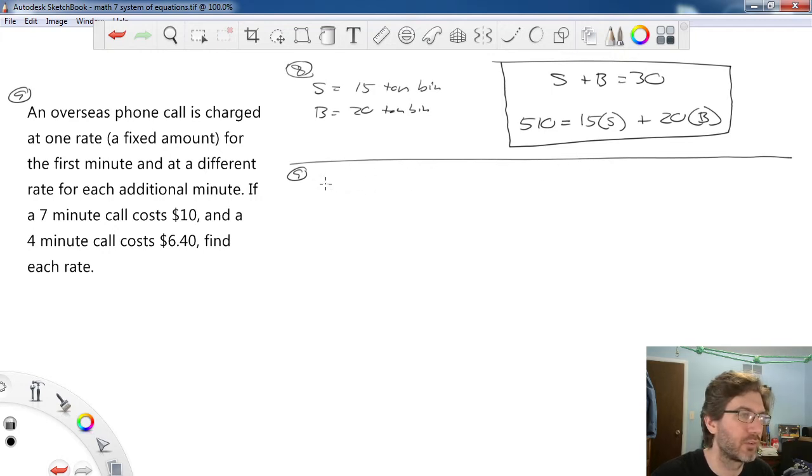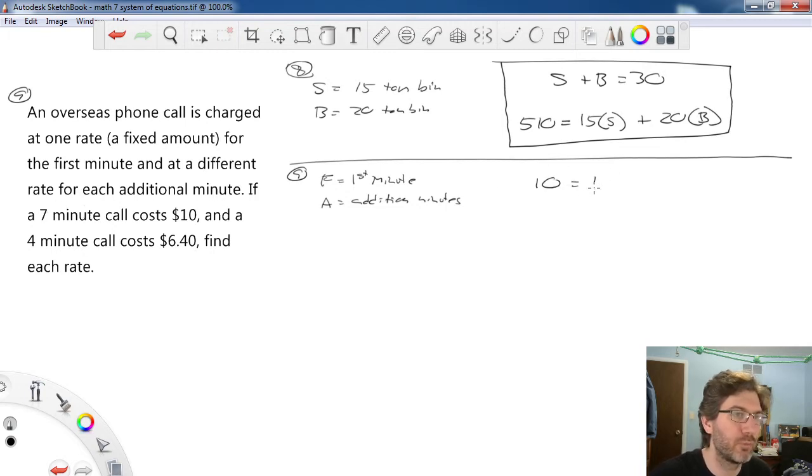Let's say F equals your first minute, and A equals your additional minutes. Your first equation is going to be $10 is the total price for a 7-minute phone call.